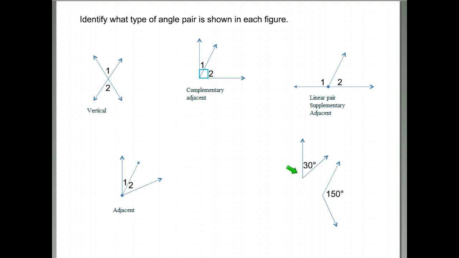Finally, let's come over here. What type of angle pair do I have here? Very good, supplementary. Okay, are these adjacent also, or are they just supplementary this time?